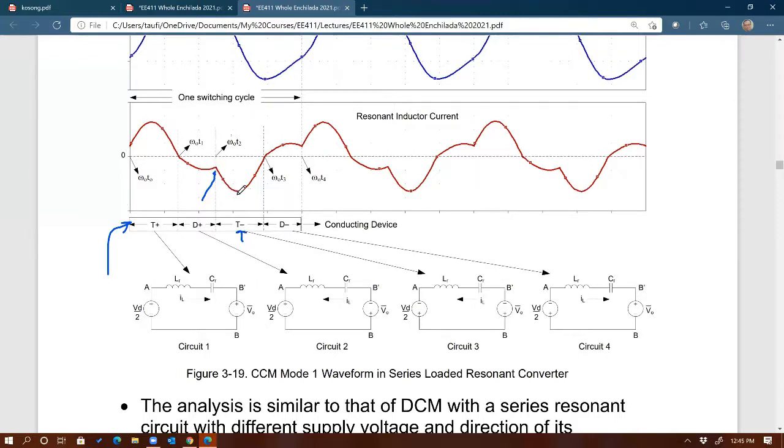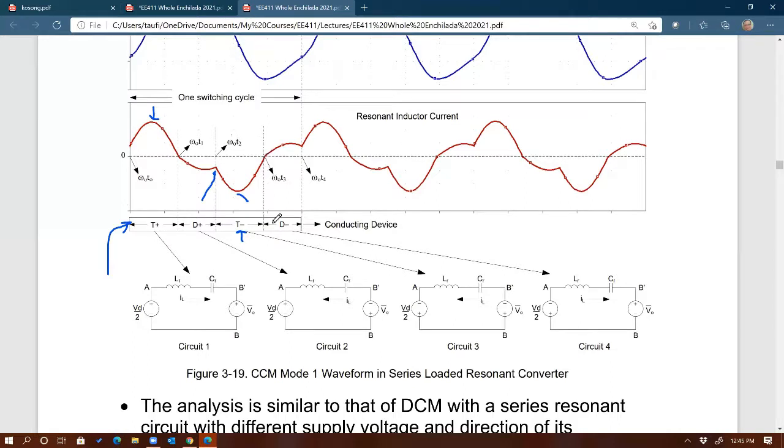Now it's the same peak magnitude as that peak right there, except it's negative. It's symmetrical, a mirror image with respect to the x-axis. After that, it follows the sine wave, goes to 0, and then tries to go positive, but T minus doesn't facilitate the positive current.